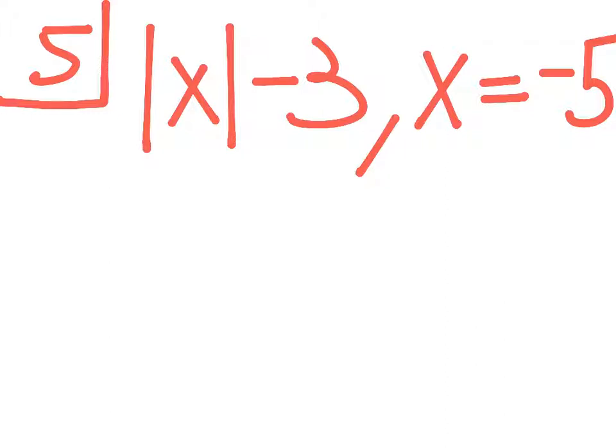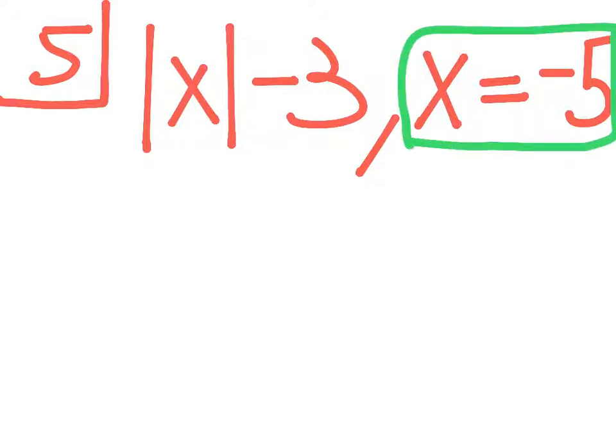Alright then, example 5, the one we're doing here, it says the absolute value of x minus 3 if x equals negative 5. So we're going to evaluate this. The first thing that we're going to do is plug in x equals negative 5 into here. So I'm going to rewrite it. Absolute value.